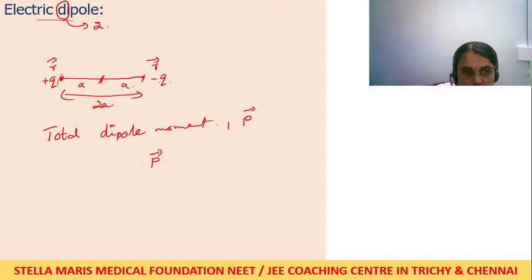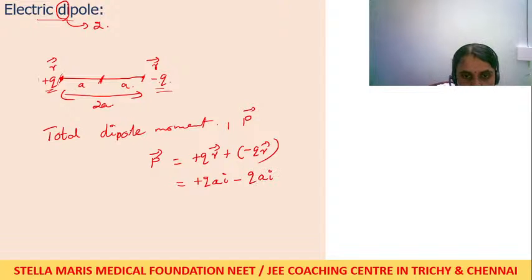So the p vector will be equal to plus Q r vector plus minus Q r vector. This first term is plus Q and this one is minus Q, so minus Q r vector, which equals plus Q into a i minus Q a i.